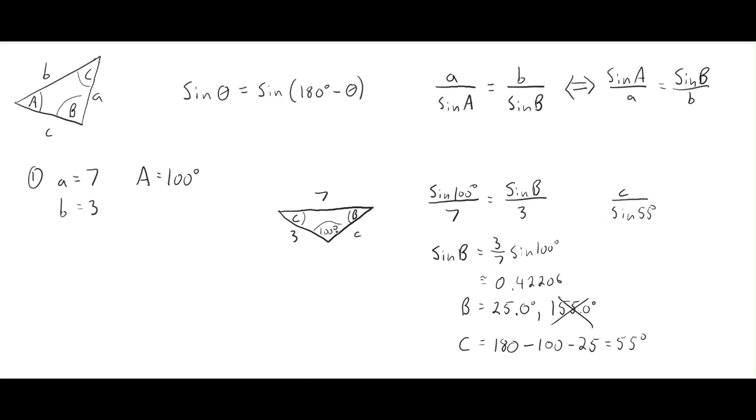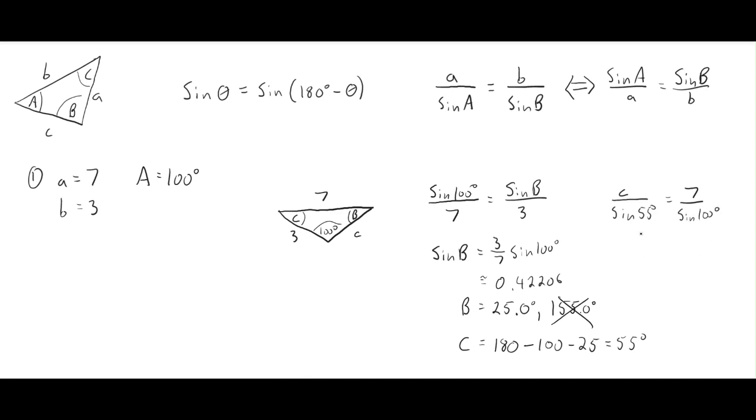It's hard to tell the difference between a capital C and a little c, but this is my little c side length. And that has to be one of the other sides divided by the angle. Let's just take this side and this angle, but now that I know B and this side 3, I could have used that as well. So you have a choice, but let's pick 7 divided by sine 100 degrees.